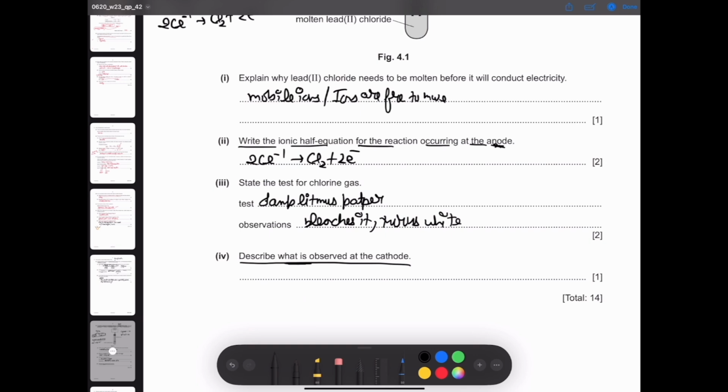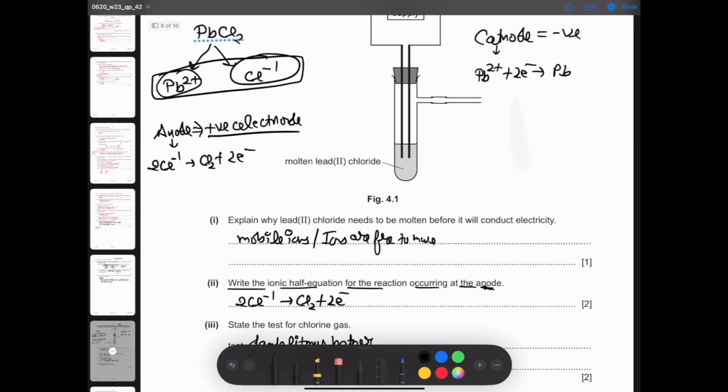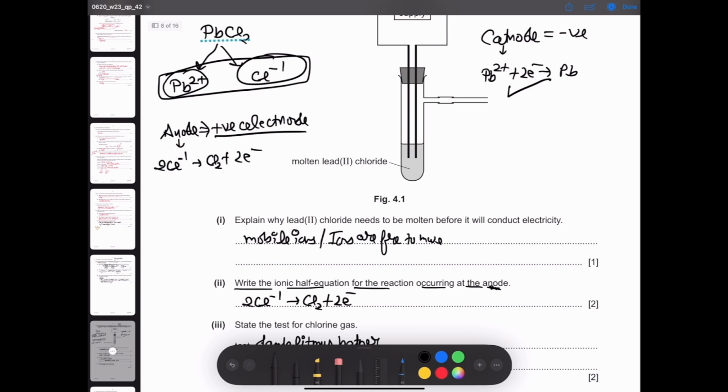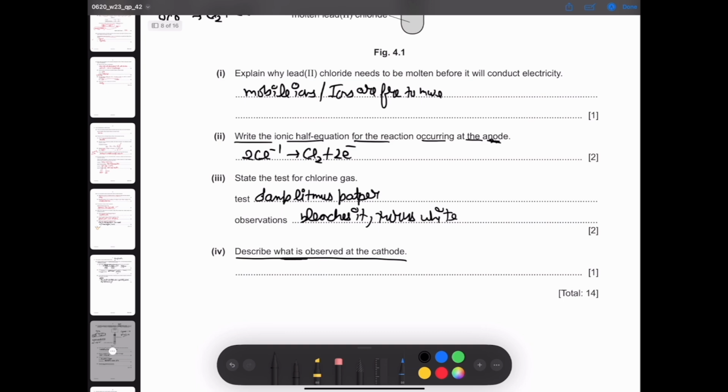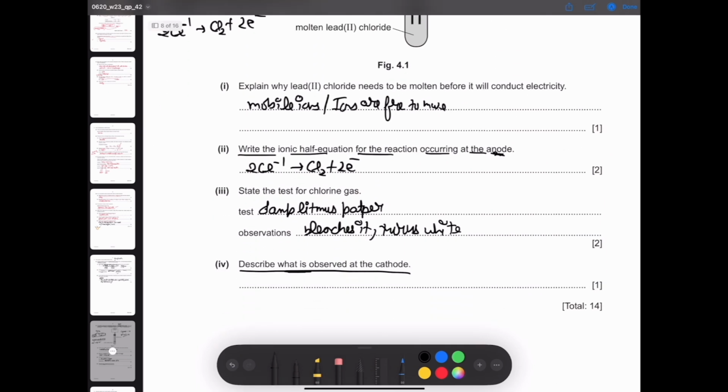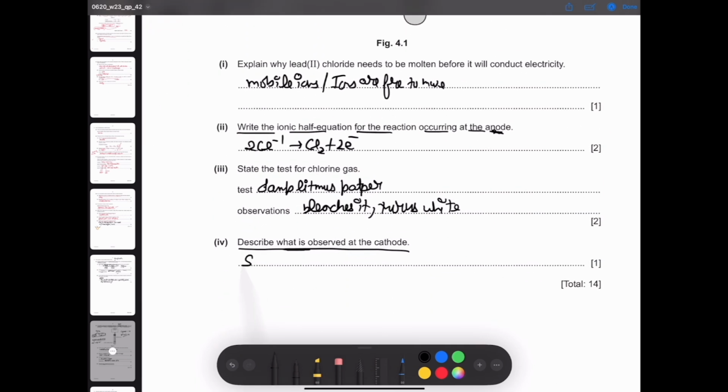See, if they're asking you the equation, then you just had to write this. If they were asking you the product, you just had to write lead. But they're not asking any of those. They're asking you the observation. So for this, you need to remember the color of lead, which is shiny gray. You can say shiny gray solid forms.